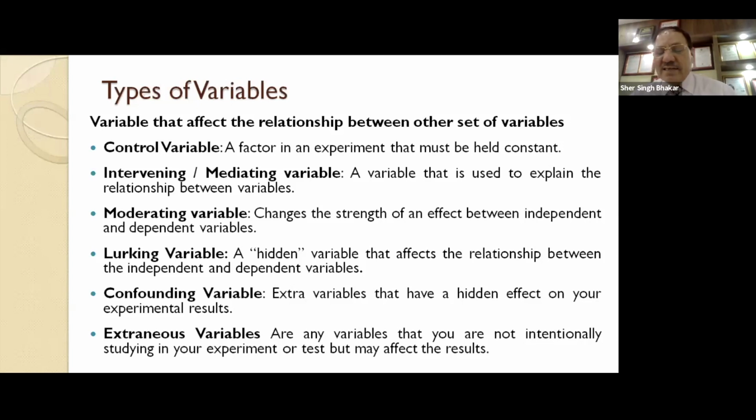We find that this model may give us results that are not accurate, because the results are affected by the working environment. Working environment would be called either a lurking variable, a confounding variable, or an extraneous variable, unless we control it.